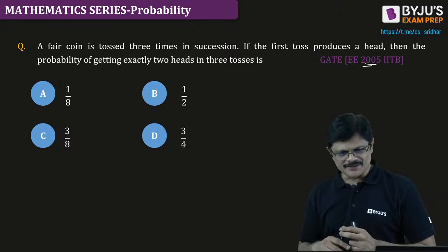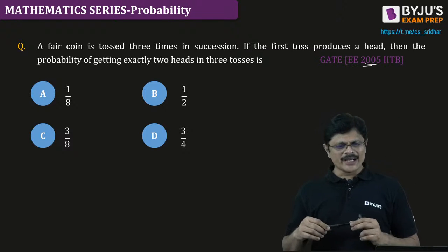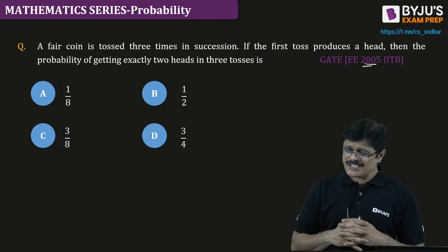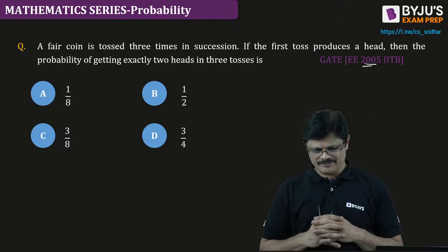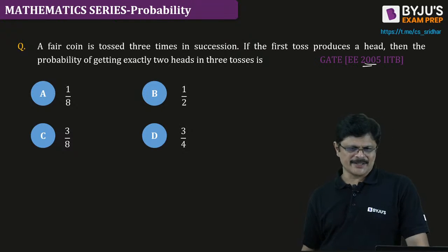Waiting for your answer, my dear friends. A fair coin is tossed 3 times in succession. If the first toss produces a head, then the probability of getting exactly 2 heads in 3 tosses is what?